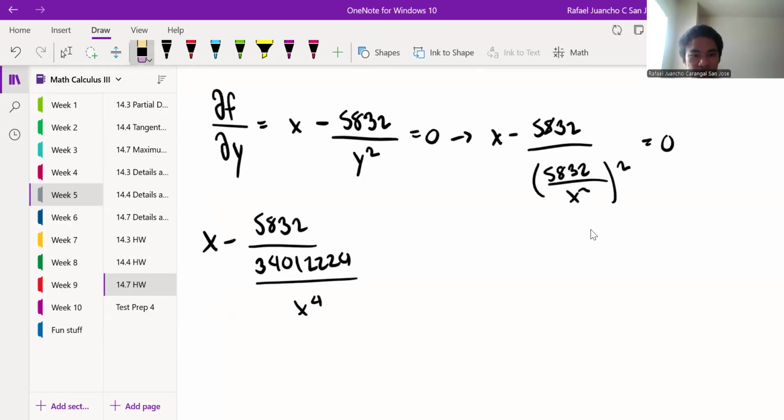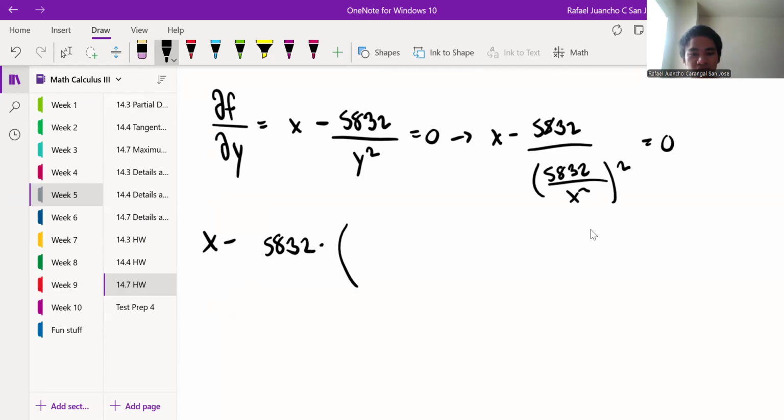And then I actually just multiply this to here. So I get something like 5832 times my x to the fourth over this thing. And then I do this. 5832. I try to simplify.